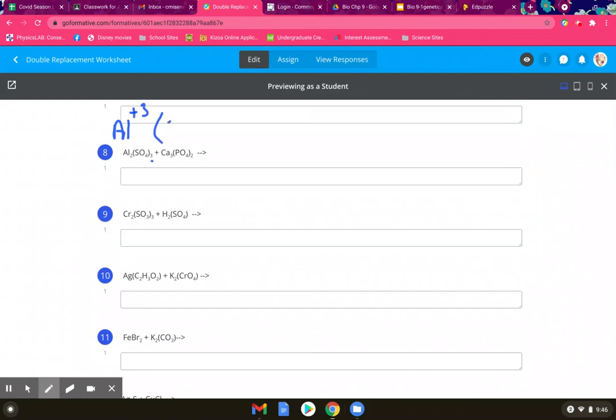Then we've got SO4, which right there tells us it's -2, or your ion chart. Then we've got Ca, which is a +2, and then our PO4, which is a -3. We're going to switch our positives.